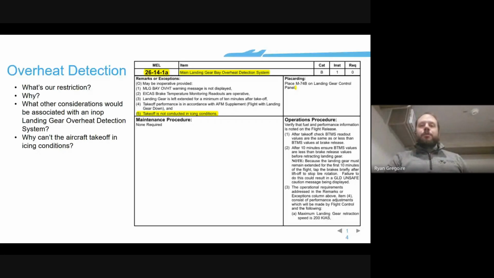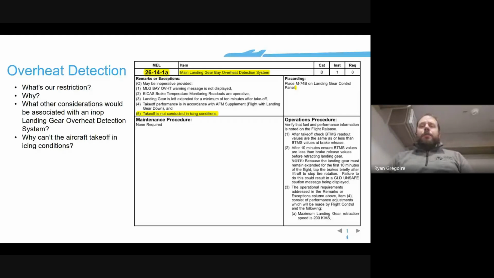And if we were to then retract the gear into the aircraft while it was coated in ice, it could cause damage to the landing gear systems. So we do not want to have the landing gear extended for a long period of time in icing conditions.